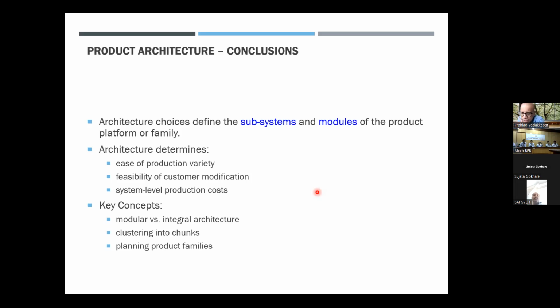Design for assembly, design for disassembly, design for environment, design for X, we'll have it later. Okay. And also feasibility of customer modification, you have to be mindful. And what are the costs associated? So the key concepts today take away: modular versus integral architecture, clustering into chunks, planning product families.